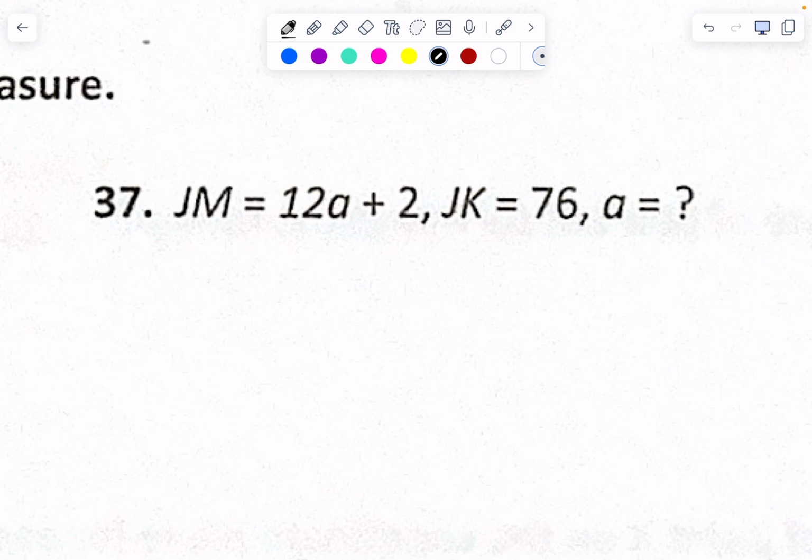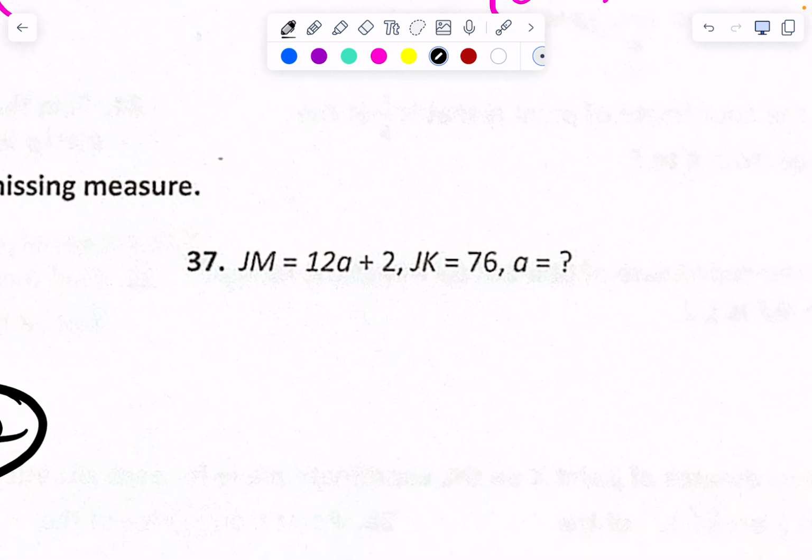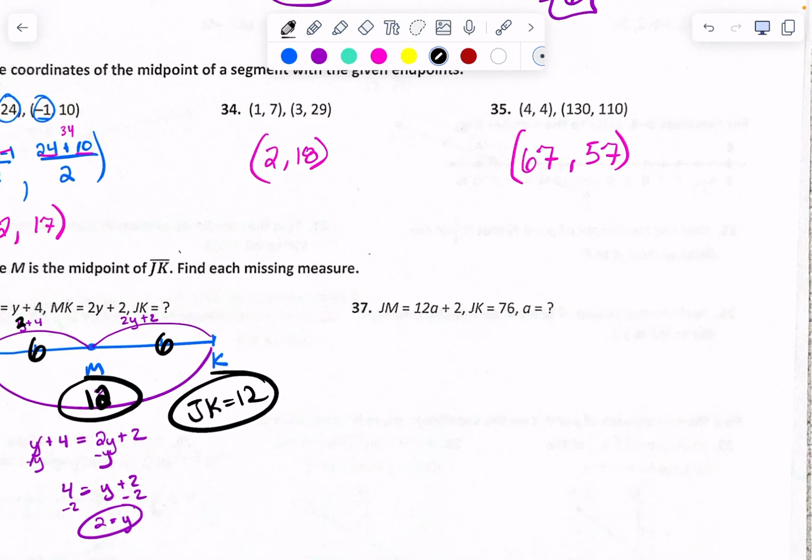Actually, wait. Oh, bummer. Brady, there's a way easier way.